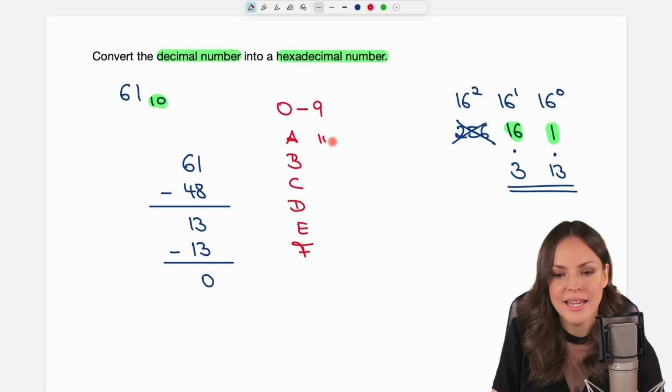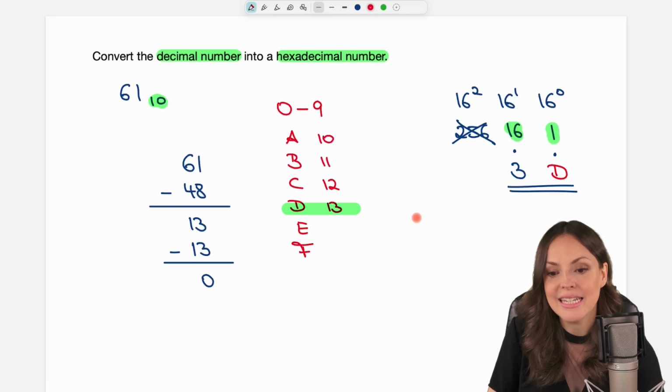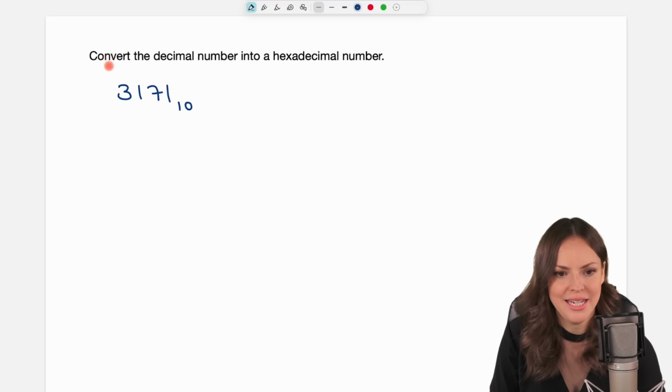I have 10, 11, 12, 13 is my D, so I have to replace the 13 here by my D, so that in total 3D is my hexadecimal number.